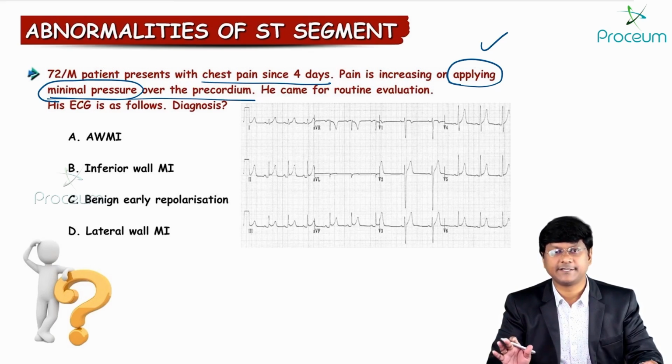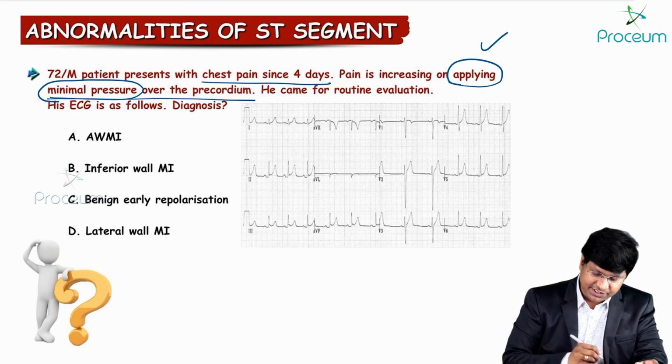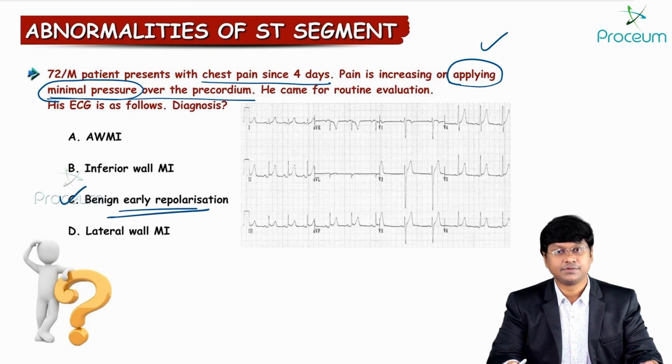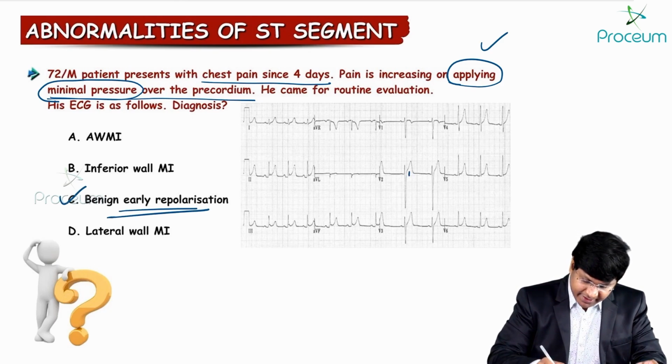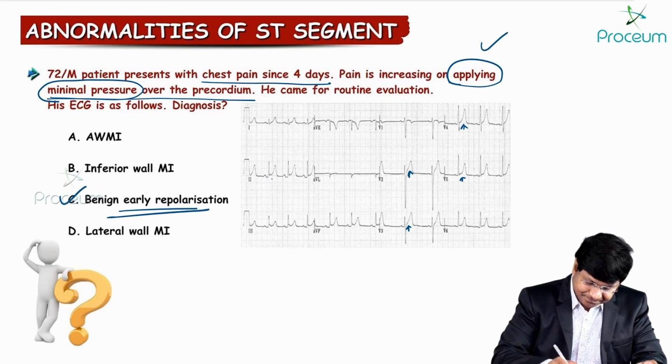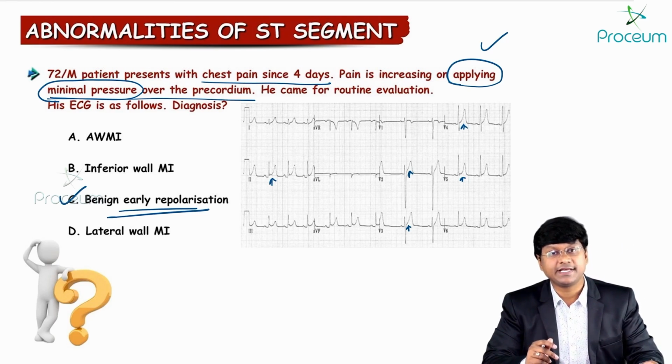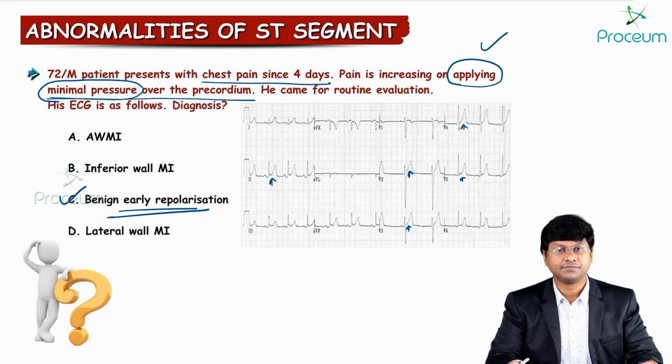So that is not there. This ECG is suggestive of benign early repolarization. Even in benign early repolarization, you will have the presence of ST segment elevation. That is what you will see in case of benign early repolarization.